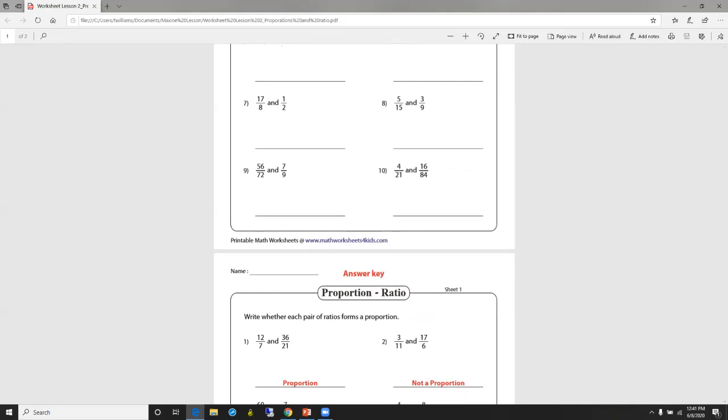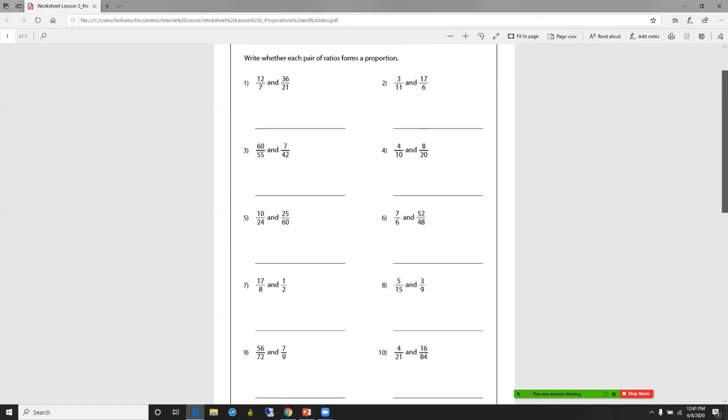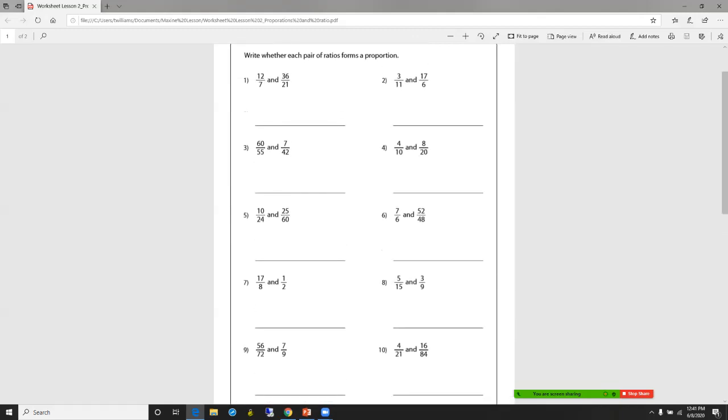Now I'm going to give you 20 minutes to write whether each pair of these ratios forms a proportion or not a proportion. Pause for a minute. You're going to write whether each pair of ratios forms a proportion.